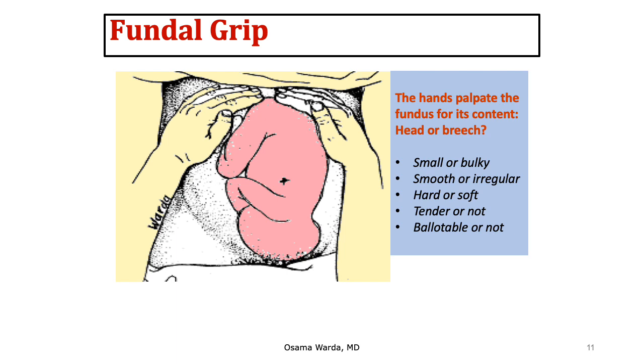The fetal presentation of this fetus is breech presentation, because if the fundus contains the head, it is breech presentation. If the fundus contains the buttocks, it is cephalic presentation. Okay?